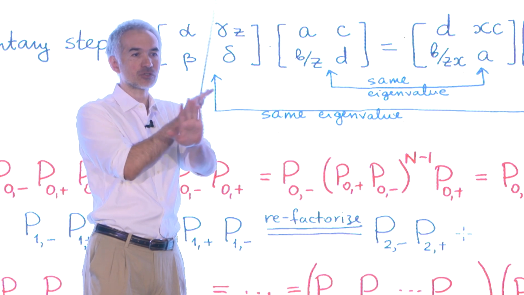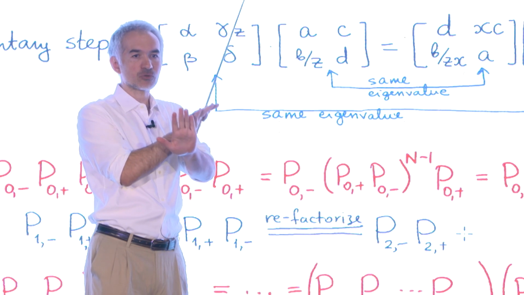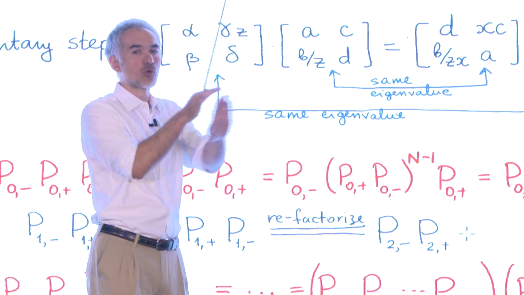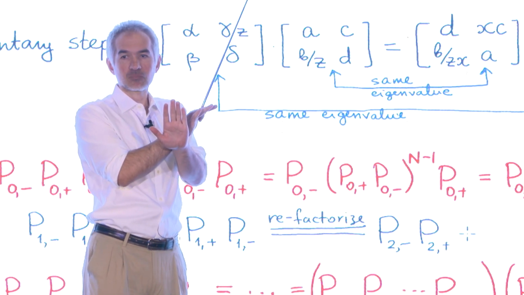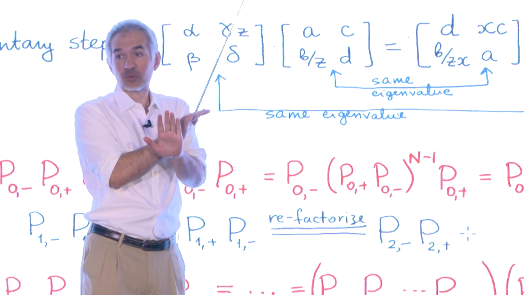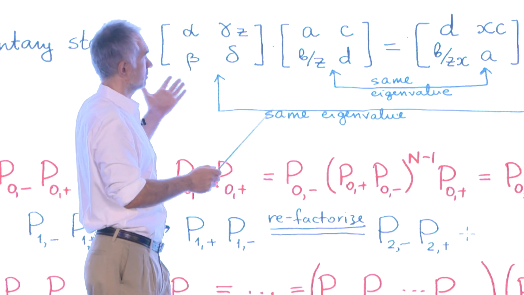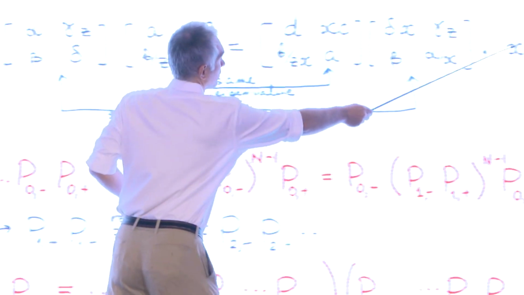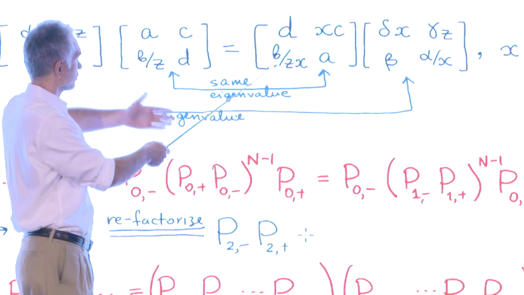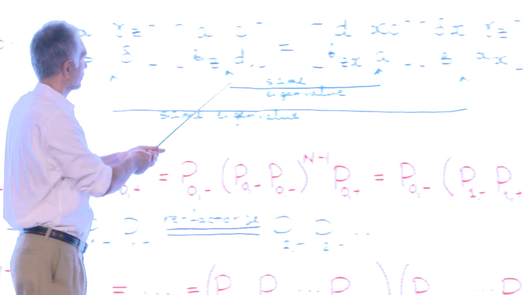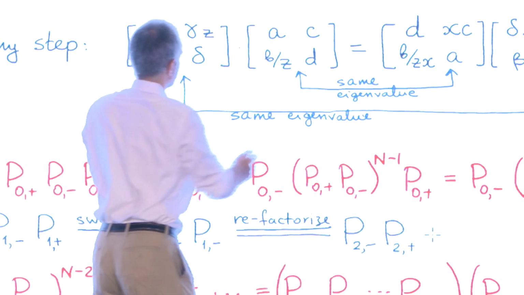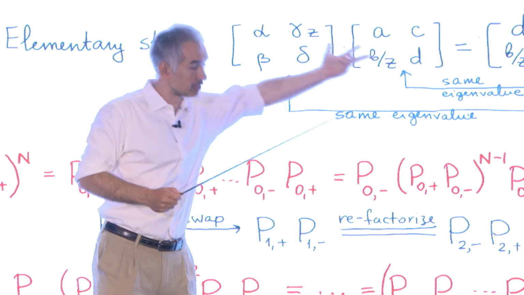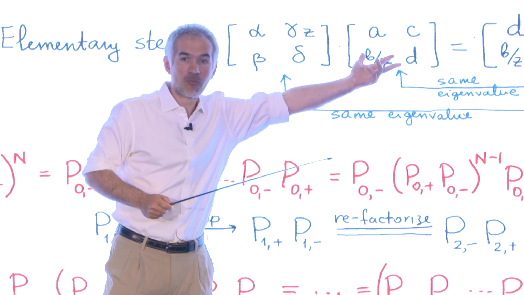Okay? I'm refactoring two matrices, keeping the zero, and swapping their places. So for 2 by 2 matrices, you just do it. This is the solution. So x here is this number, and if you substitute and you compute the 0 here, you see that it's the same as here, and here is here, and the product of the matrices here is equal to the product of the matrices there. Okay.